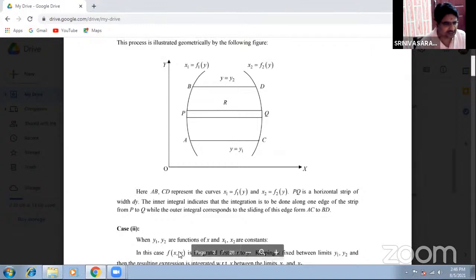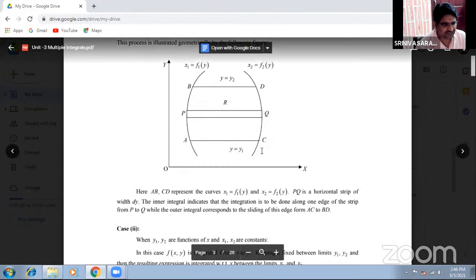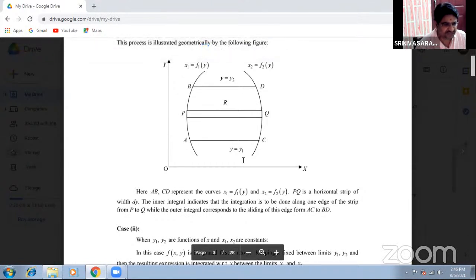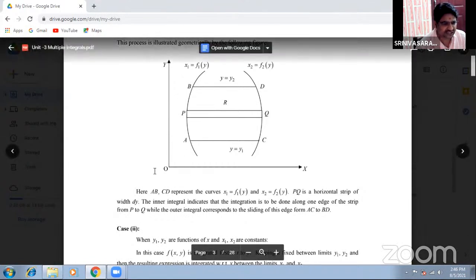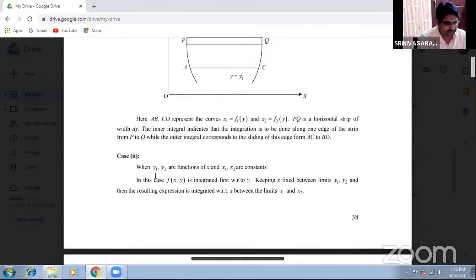This is the sliding part, where y varies from y1 to y2, that is AC to BD, and the inner one goes from P to Q.